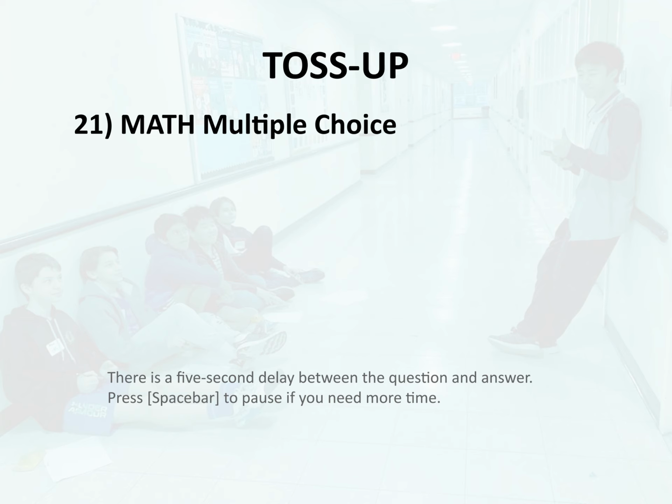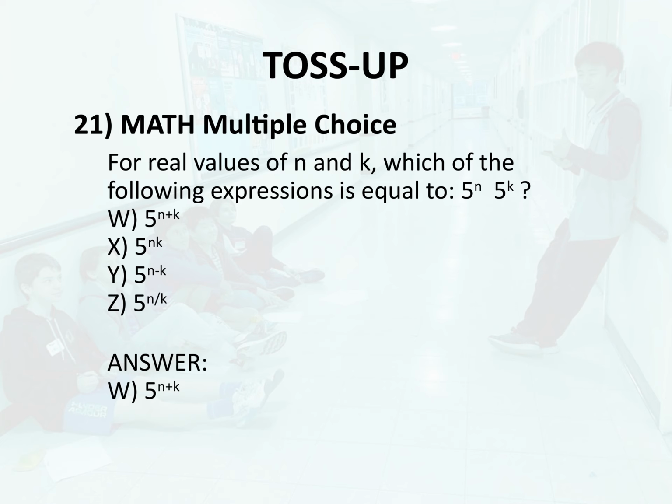Y. 5 raised to the power of the quantity n minus k. Z. 5 raised to the power of the quantity n over k. Answer. W. 5 raised to the power of the quantity n plus k.